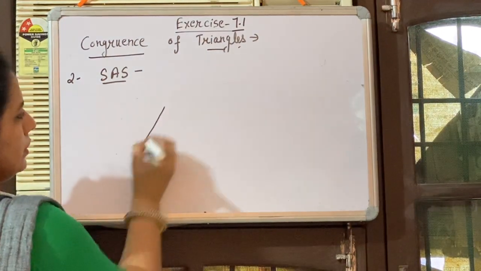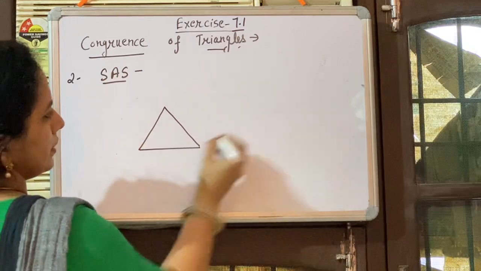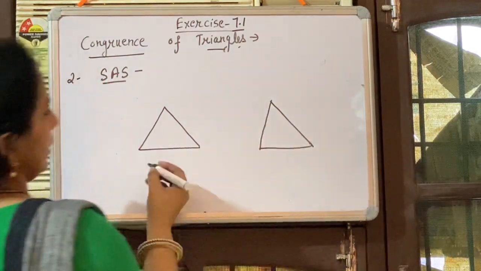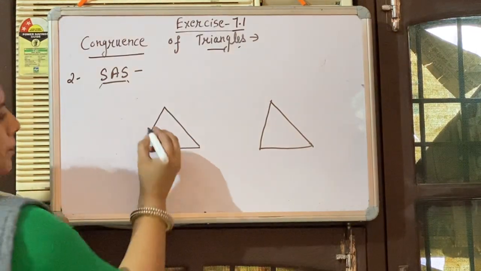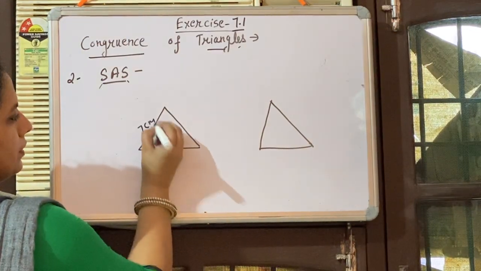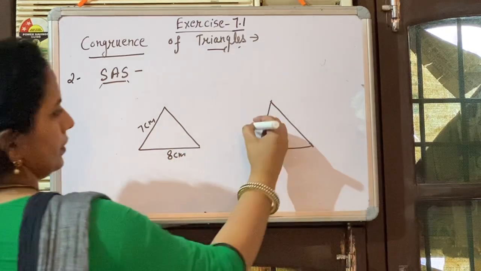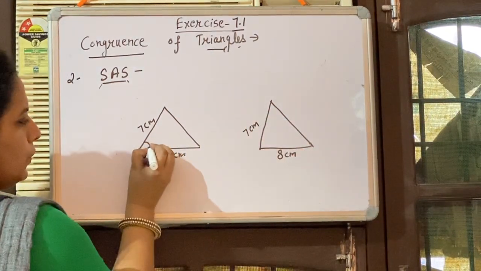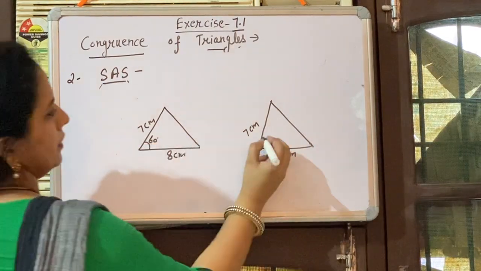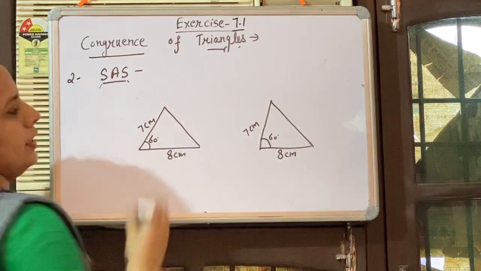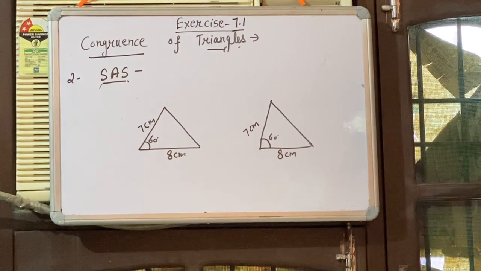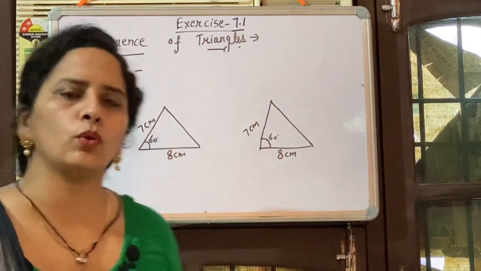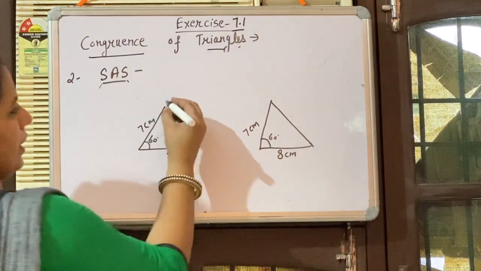If we draw two triangles and its two sides and included angle are equal, then we can say that these two triangles are congruent by the rule, which is SAS.